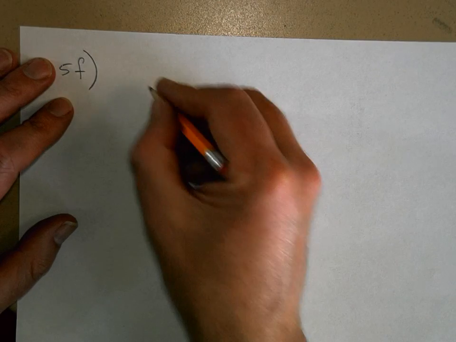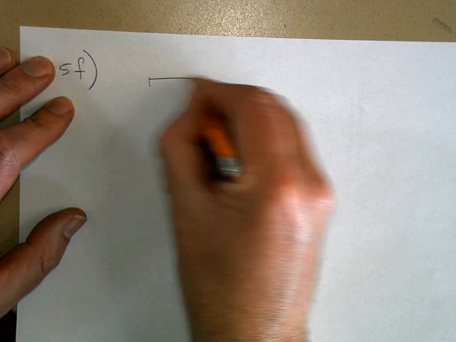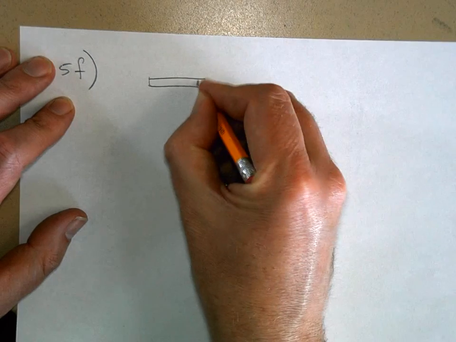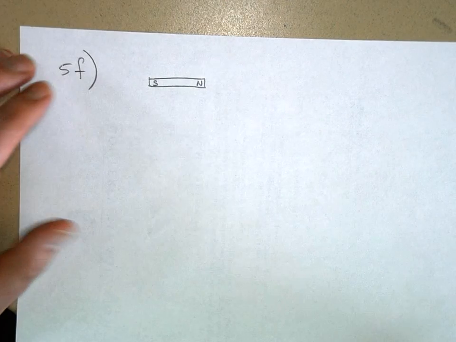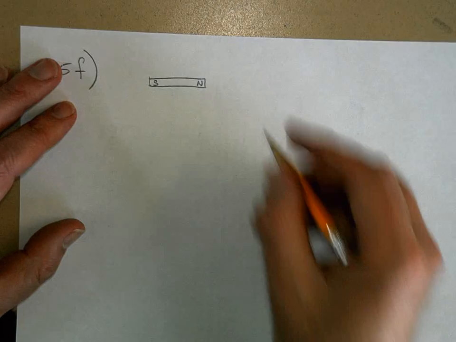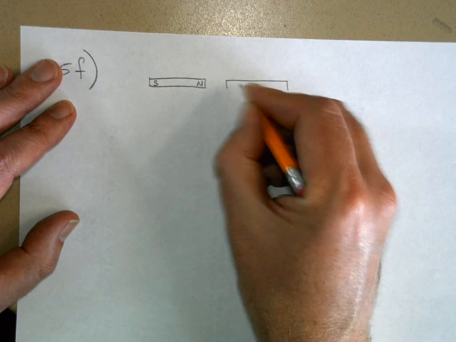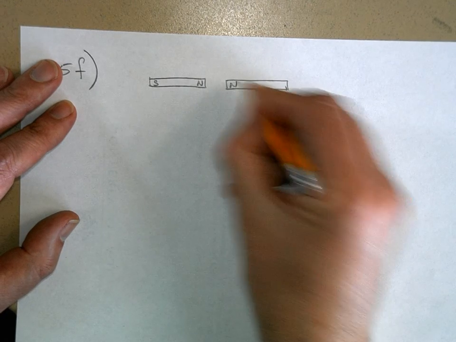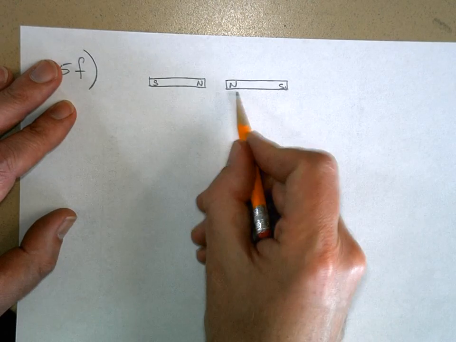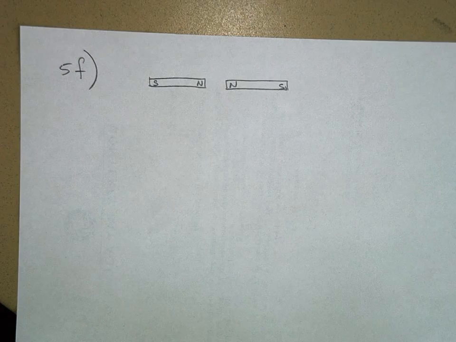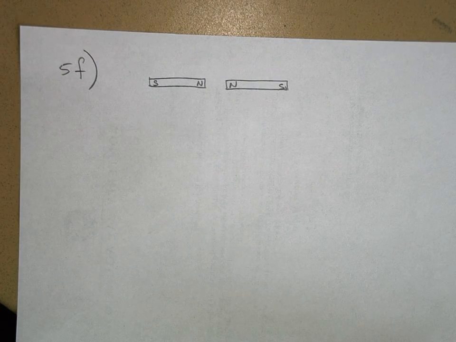Well, you've played with magnets before, so some of this should be pretty easy. If I've got two magnets, I call one end a north pole and the other a south pole. If I put a north pole up against a north pole, are they going to be attracted to each other or repelled?